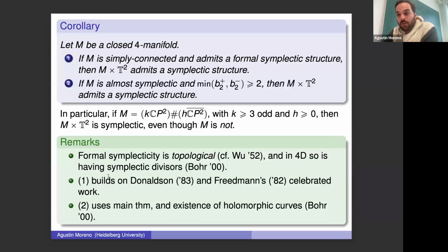And then I can also use Donaldson and Freedman's celebrated work in 4-dimensional topology, because this allows me to look at the intersection form. Donaldson tells me if you have a smooth structure, then the intersection form is very much restricted. It's basically diagonalizable. And Freedman tells you that whenever you fix a reasonable bilinear form, then there's 2 homeomorphism types of topological 4-manifolds realizing it, at least one of which is not smooth at all.